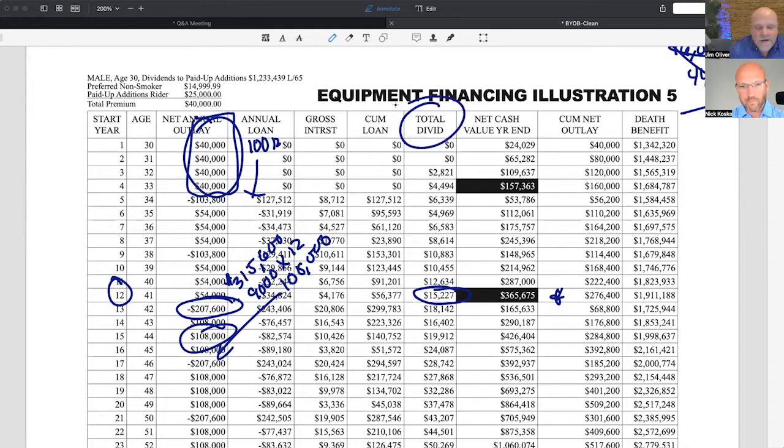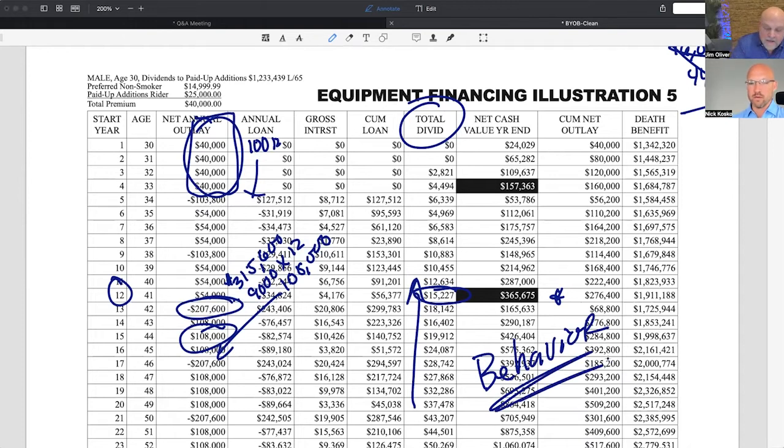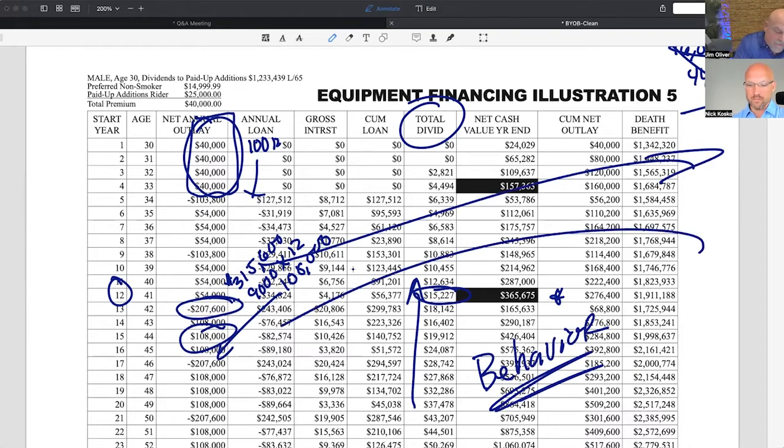Now, everybody wants to focus when they're selling life insurance on the dividend. Is that what was important? No. What made it go down to 12? Behavior. We got the money to stop flowing away from us and start flowing back to us.